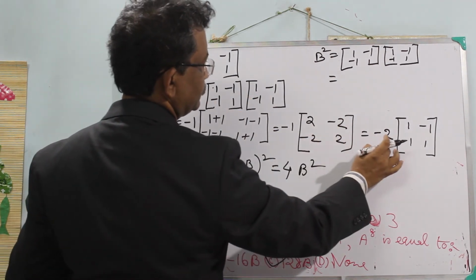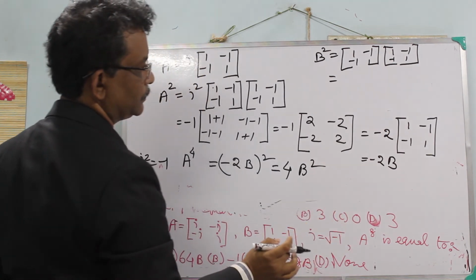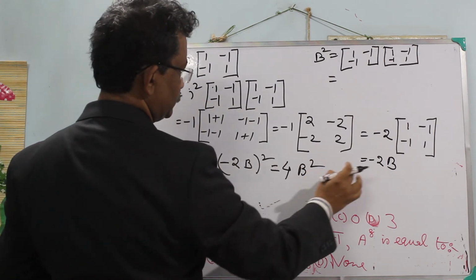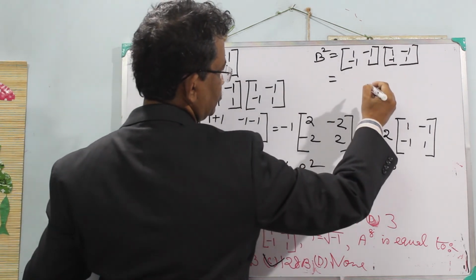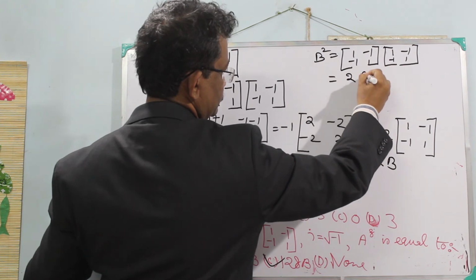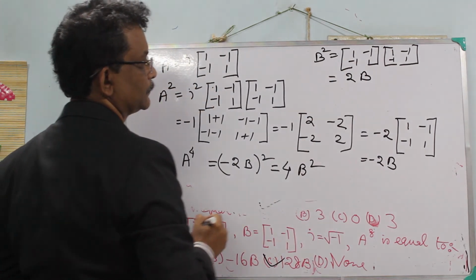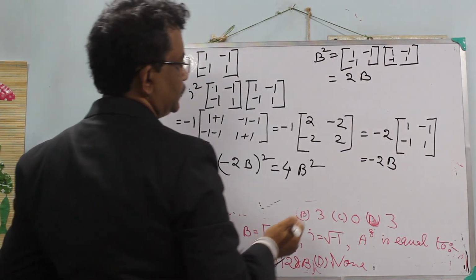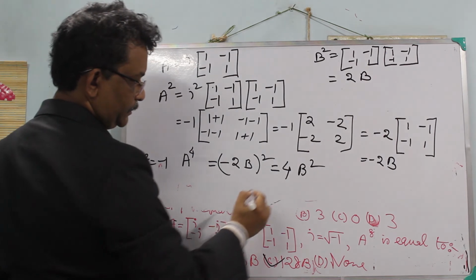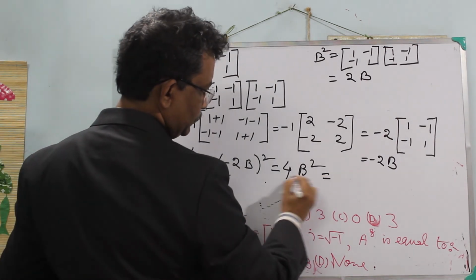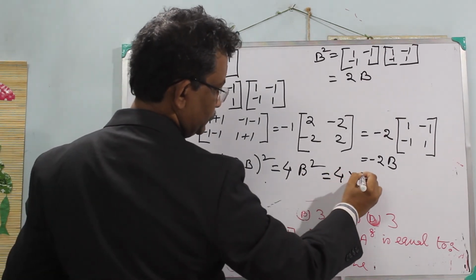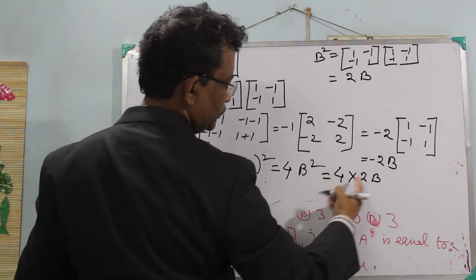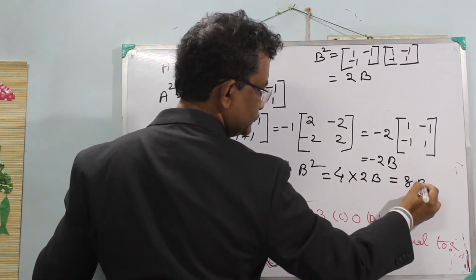This into this, B square equal to 2B. If you multiply it, you will get this 2B. So if B square is equal to 2B, I can write 4B square is equal to 4 into 2B, which is equal to 8B.